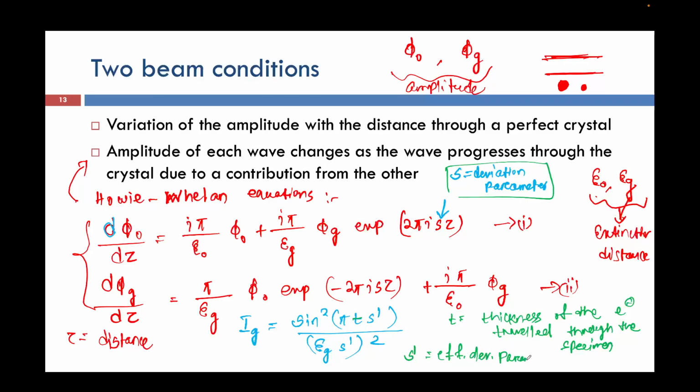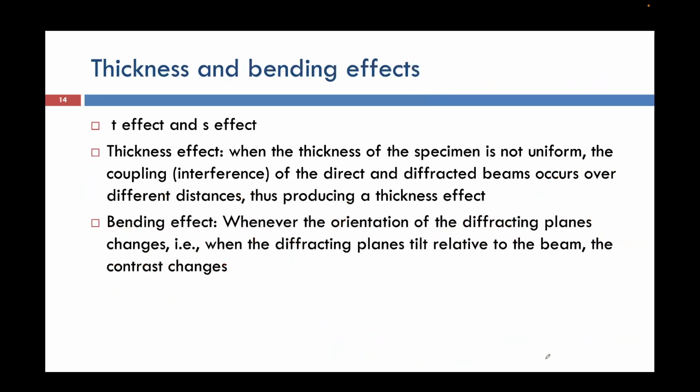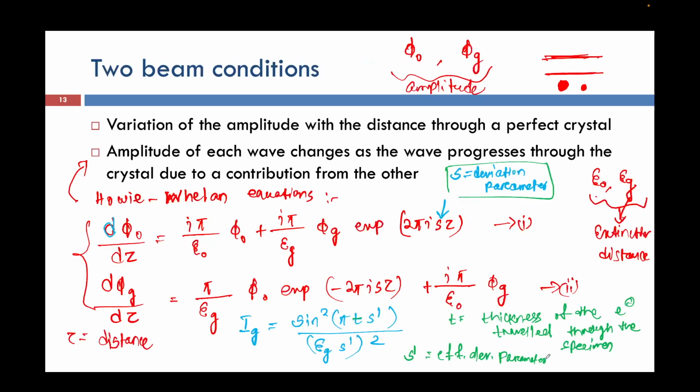And the effective deviation parameter is given by the square root of S square plus 1 by extinction distance square, whole to the power half.